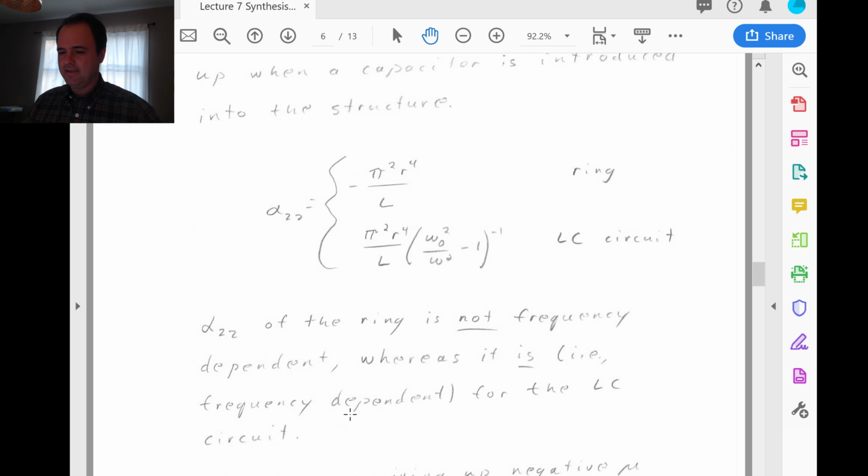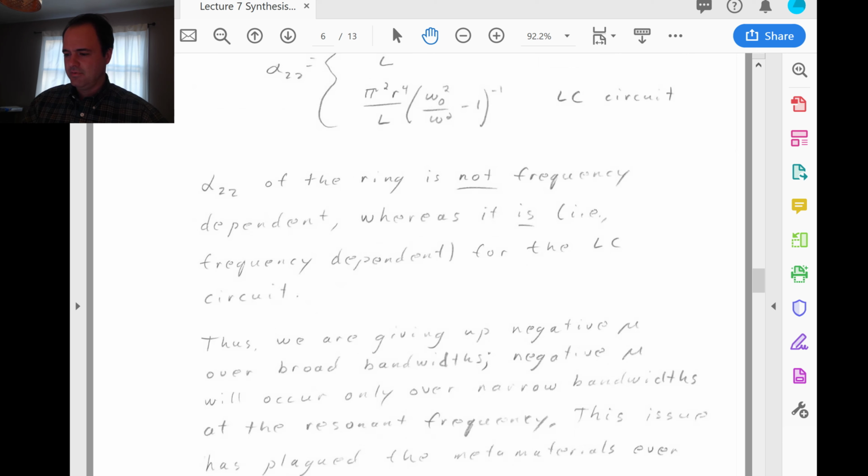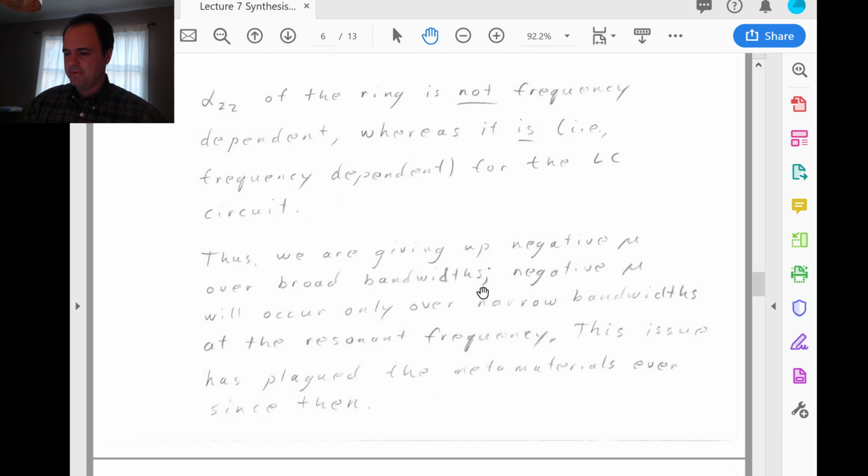And that's what we find, that all of these materials from Pendry on, except for a very small subset now that we're starting to figure out how to do, all of these materials demonstrate their metamaterial behavior, namely negative epsilon and negative mu, for very small bandwidth ranges. And so we've given up the broad bandwidth operation of these metamaterials for their metamaterial properties, namely negative epsilon and negative mu. So thus, we are giving up negative mu over broad bandwidths. Negative mu will occur only over narrow bandwidths at the resonant frequency, at and around the resonant frequency.